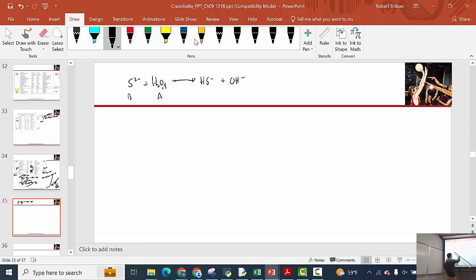And this will be downhill. So all the sulfides can react, leaving none there. And so sulfide's too strong to persist in water. They're all going to react. And so this is a 100% strong base.